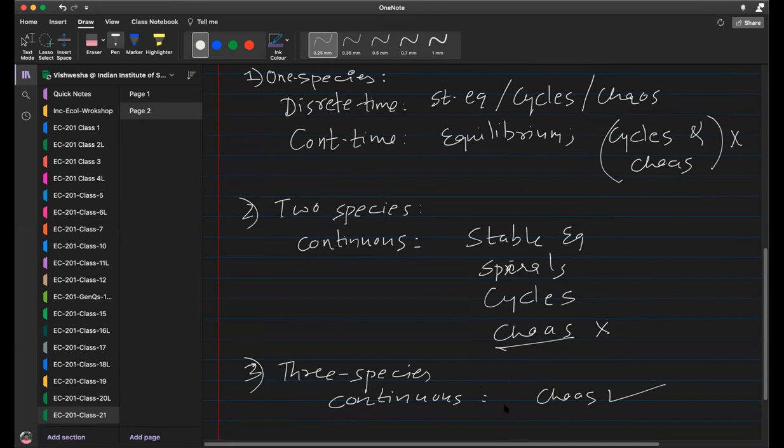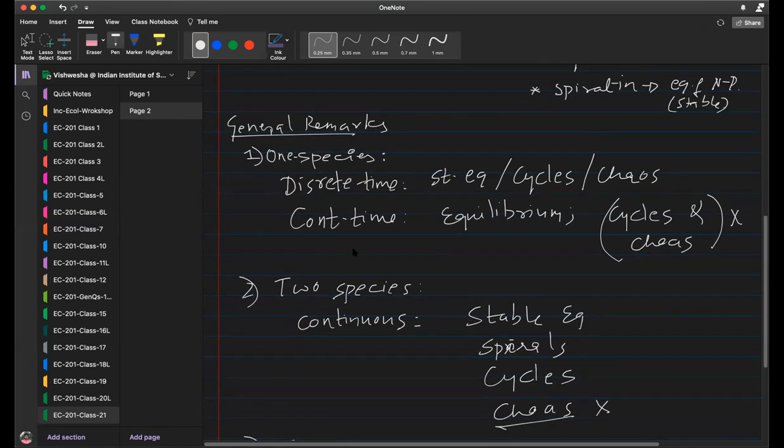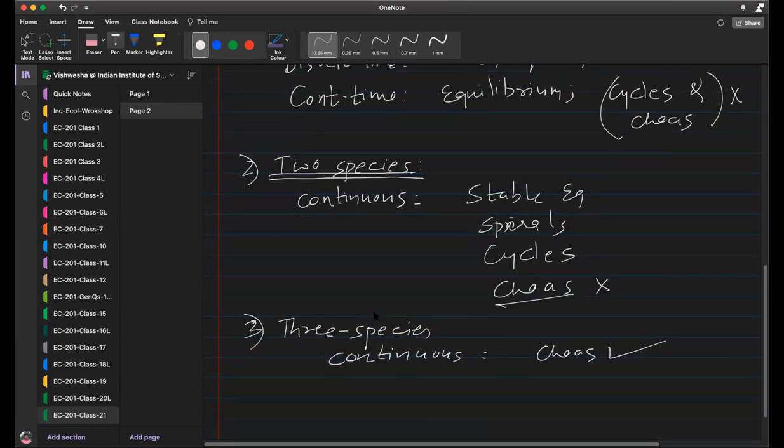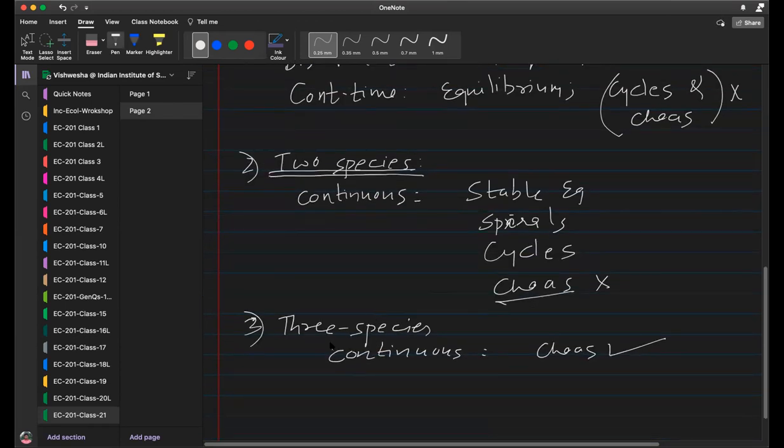Okay. So what this also shows is that discrete time dynamics shows the level of complexity at a single species that is possible only with three species in a continuous system. It's really worth thinking. Why do you think this might be happening? I won't answer this question for you. Forget about chaos.